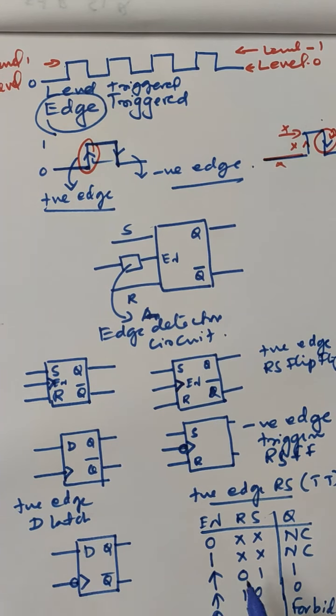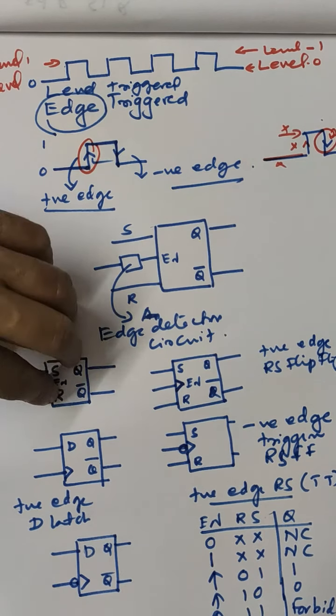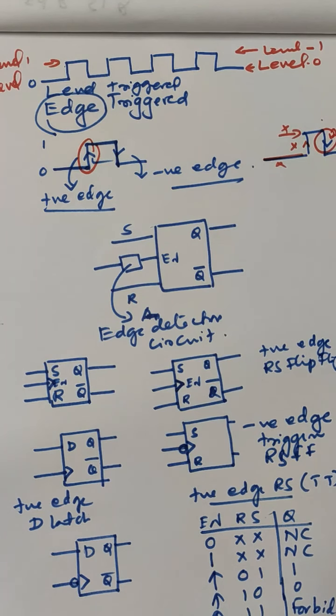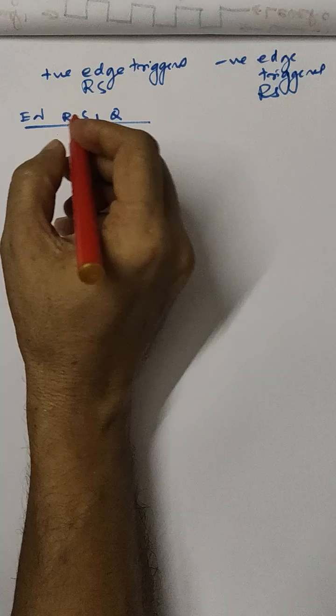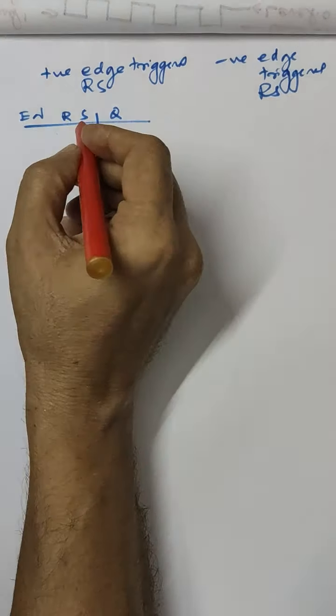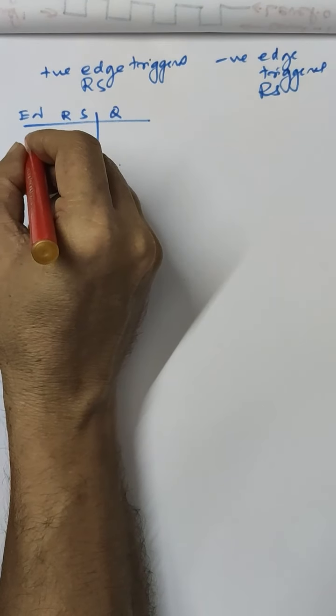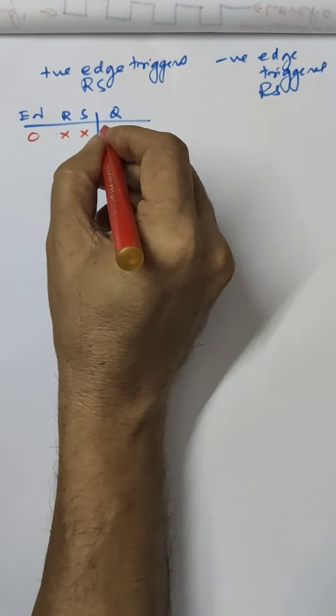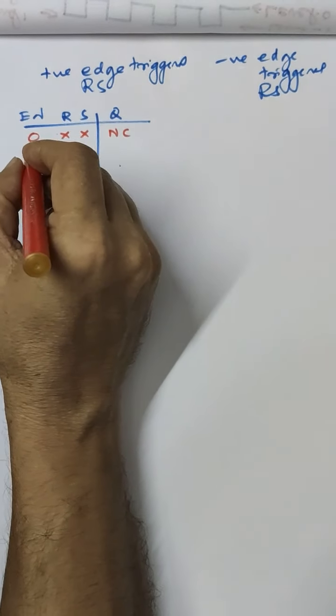Similarly, if it is a down arrow, then also there is no change. Okay, I will draw it once again. If it is 0, whatever is the input, no change.